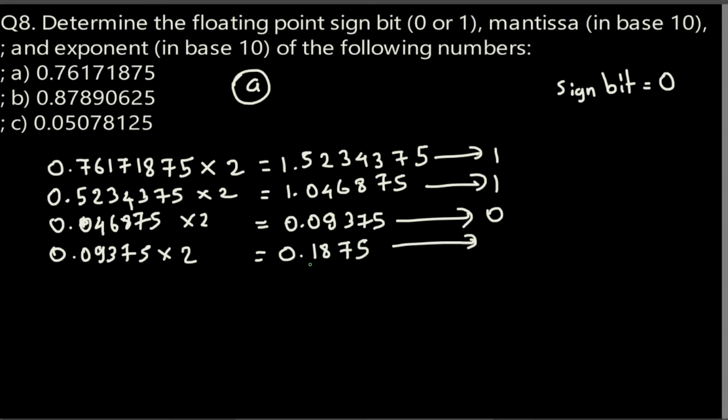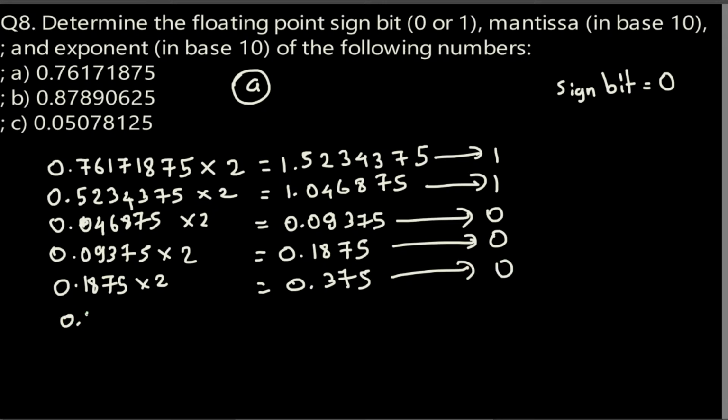Here we have 0 in front, we put that one right here, and then 0.1875 multiplied by 2 gives us 0.375, and here we have 0 in front, put that one right here.